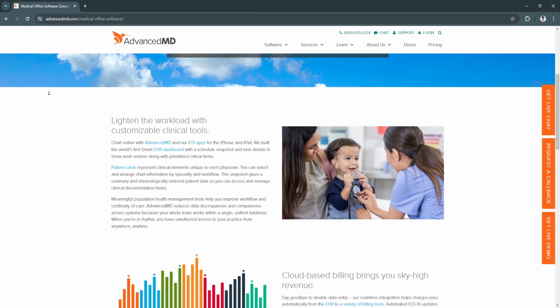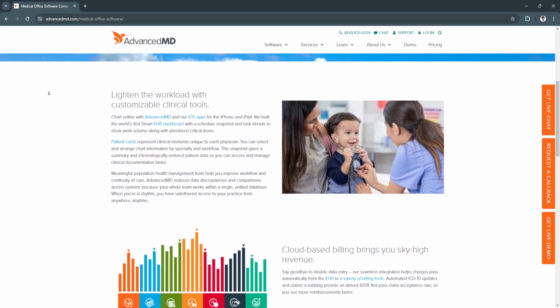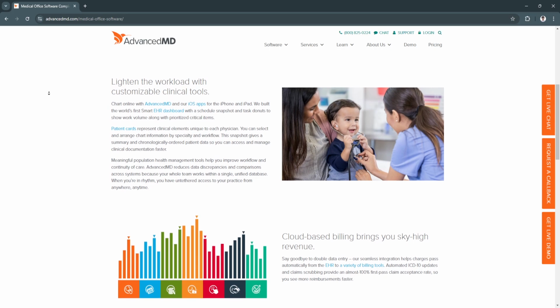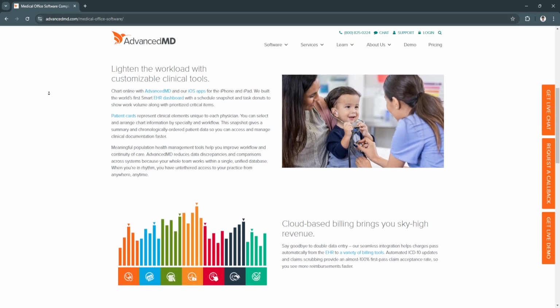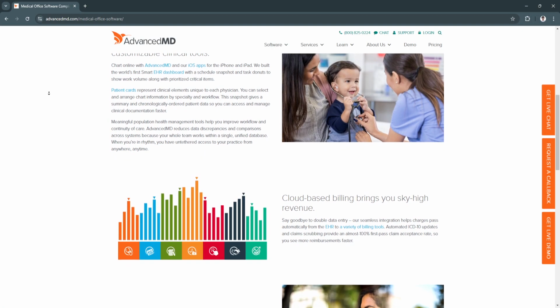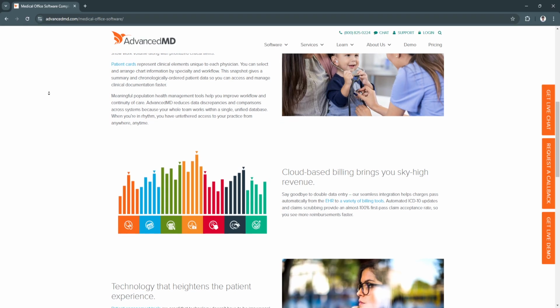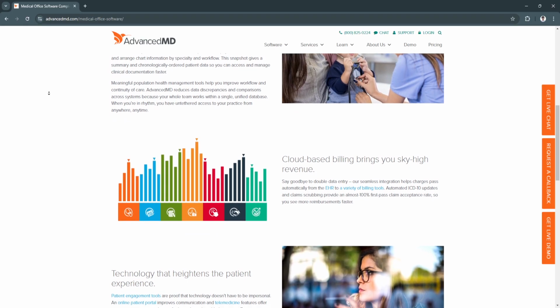Detailed reporting helps practices identify areas for improvement, make data-driven decisions, and monitor compliance with industry standards. These insights also allow administrators to adjust strategies to improve patient care and financial outcomes.